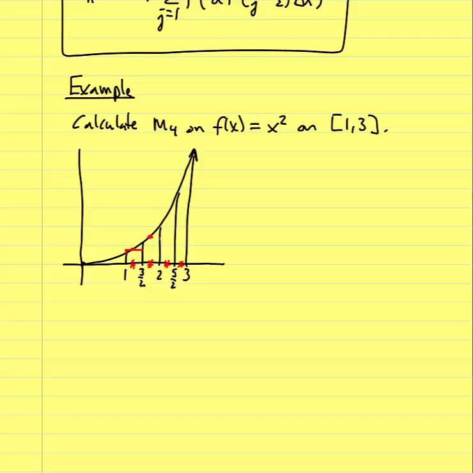Under, over, hit the curve, under, over, hit the curve, under, over, hit the curve, under, over. So these are the areas that I want to find. So now I need to figure out, okay, what's halfway in between 1 and 3/2. So let's go ahead and start calculating what we have here for my delta x. So I need 4 midpoint rectangles.